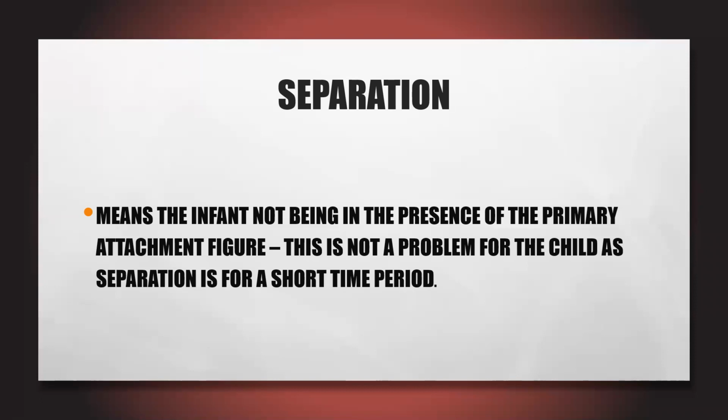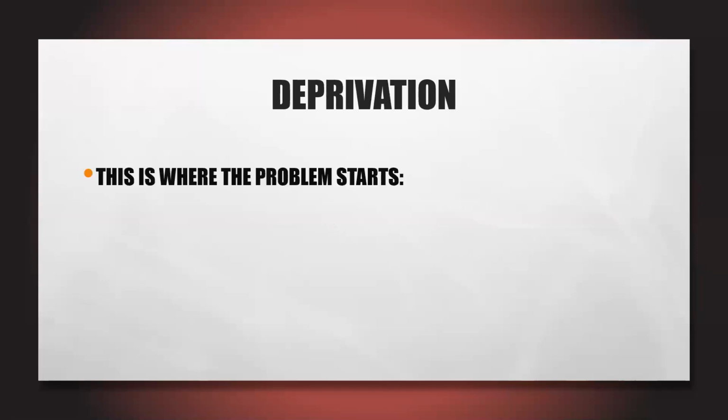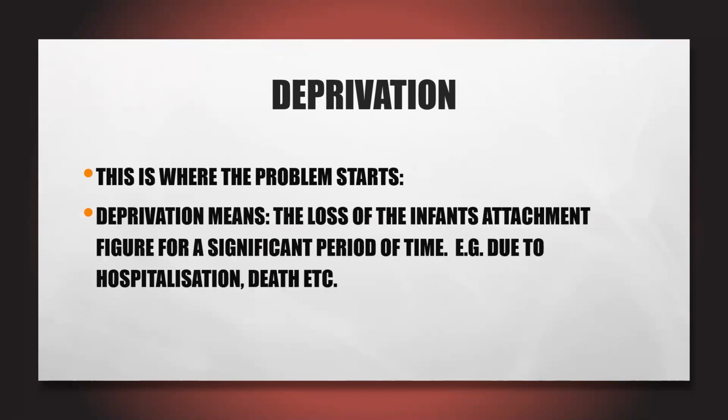Our next term, though, deprivation, is where Bowlby says the problem starts. Deprivation means the loss of an infant's attachment figure for a significant period of time. This could be, for example, the mother or the primary attachment figure has gone into hospital for a prolonged period of time, or an unfortunate death of the primary attachment figure.